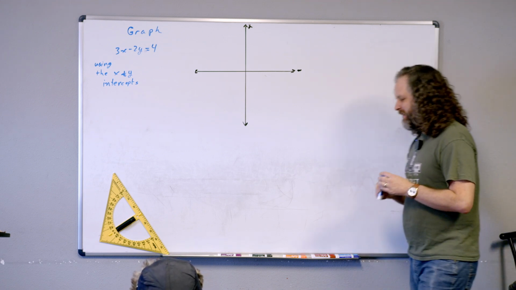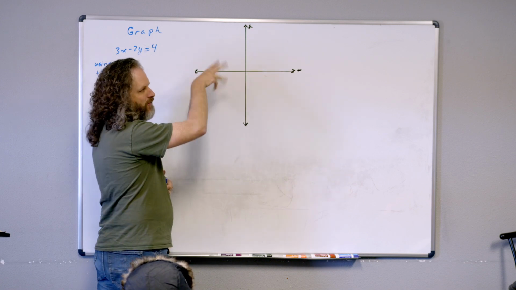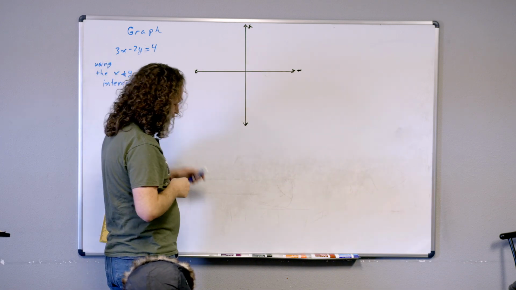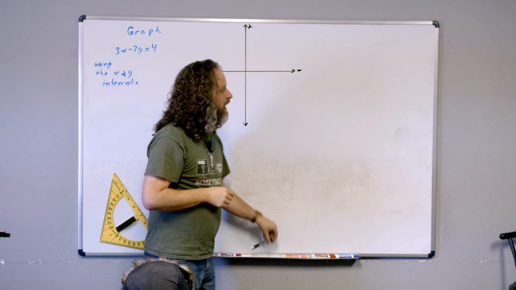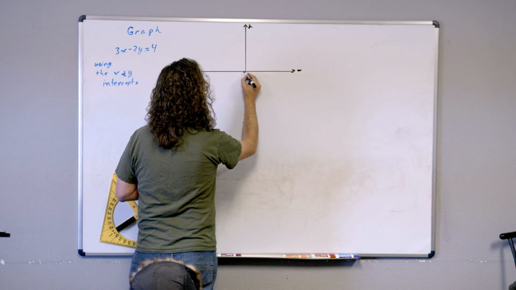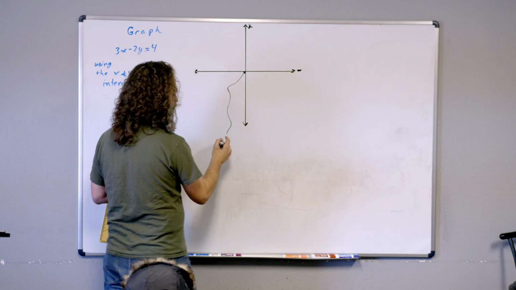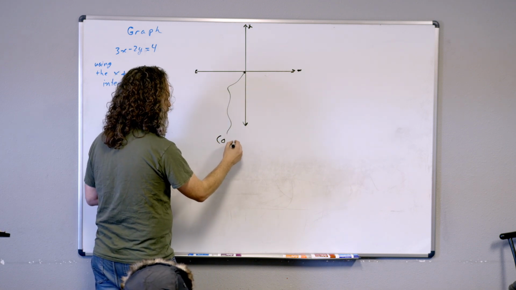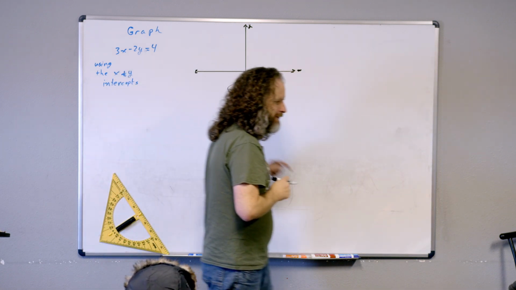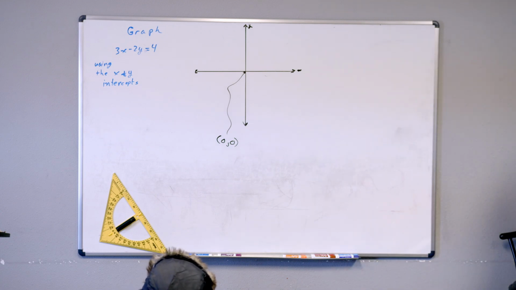So here's the deal. What is the very middle of this graph? It is 0, 0. It's where x equals 0 and y equals 0. That is the point 0, 0, right? Now it also has another fancy name.